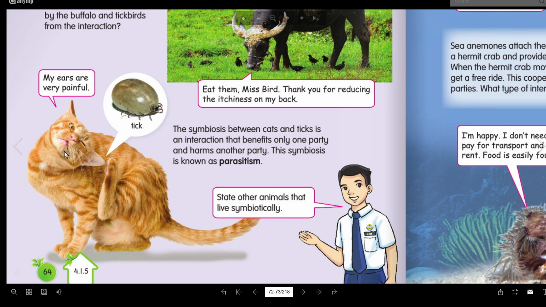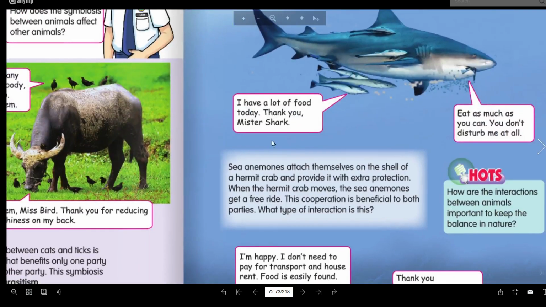But a cat is finding it painful. It is harmful for the cat, right? This type of symbiosis is called parasitism. This tick is called a parasite, and this relationship between them is parasitism, where one is getting benefit like the tick, and the other is harmed like the cat. Clear?